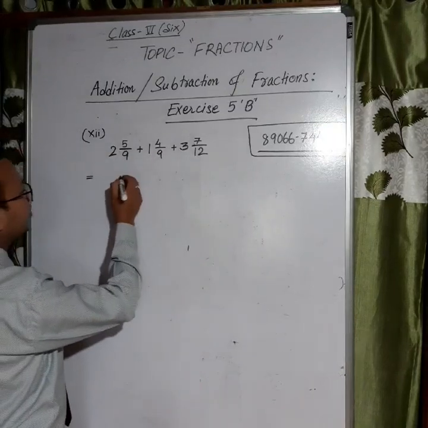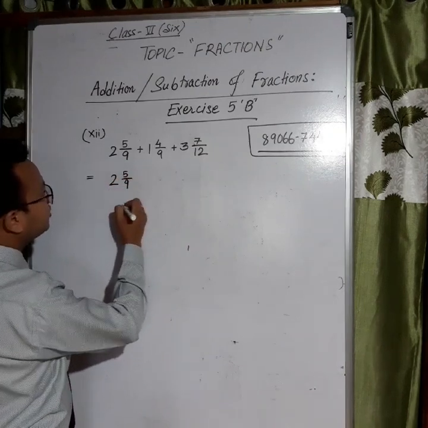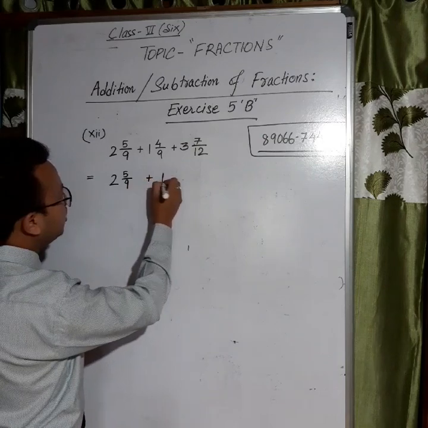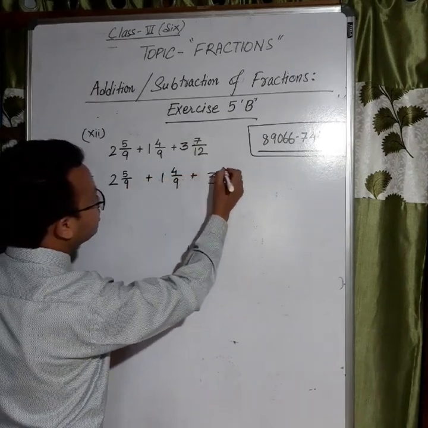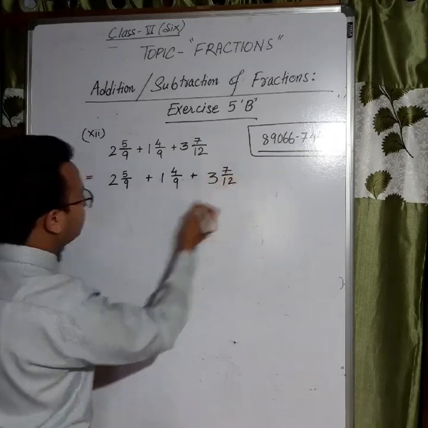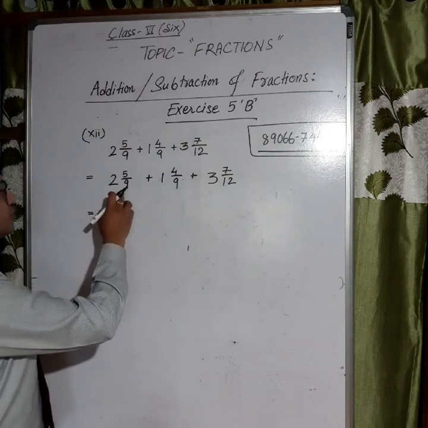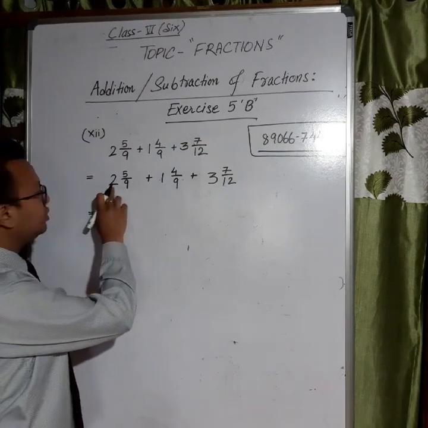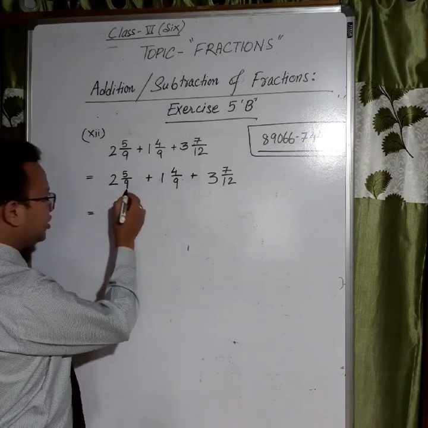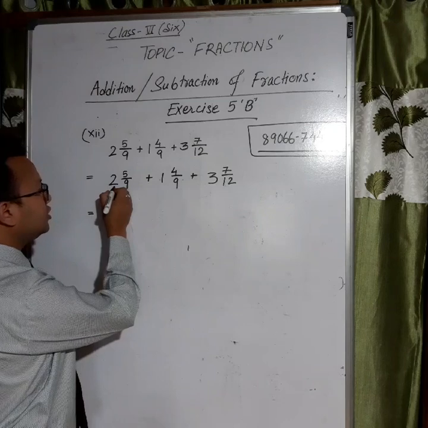So we have the fractions 2 5 by 9, plus 1 4 by 9 and 3 7 by 12. First you'll multiply the denominator with the whole number. I repeat, we need to multiply the denominator with the whole number.